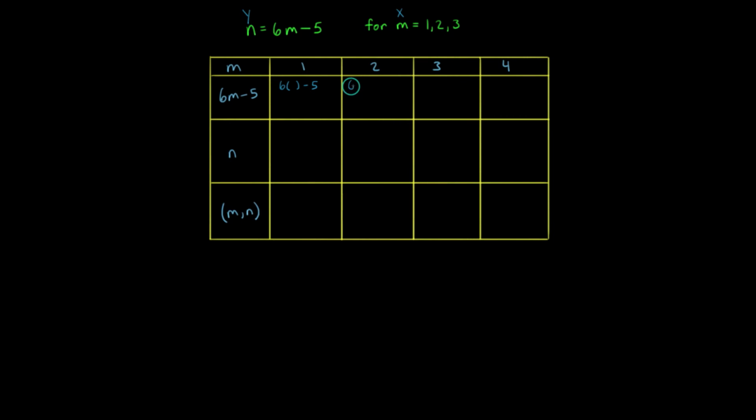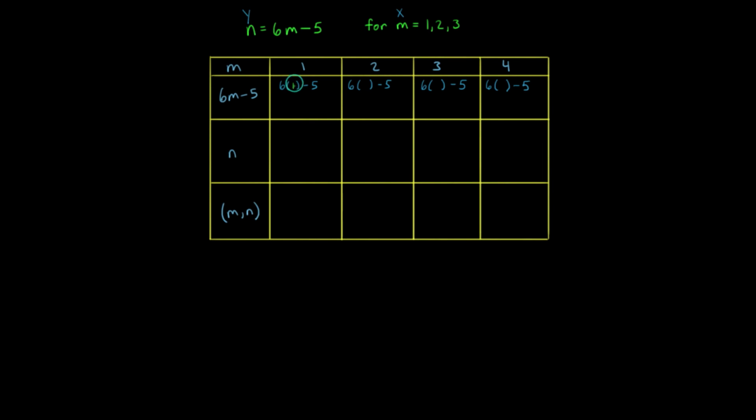I'm going to repeat that process for each of the given values. All right, from here I'm going to change colors and substitute my given values for m into the parentheses.